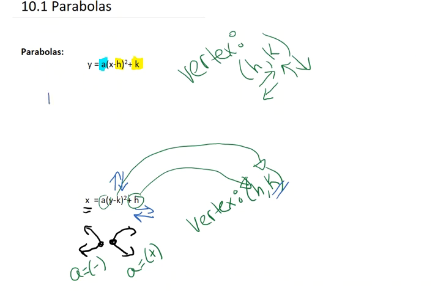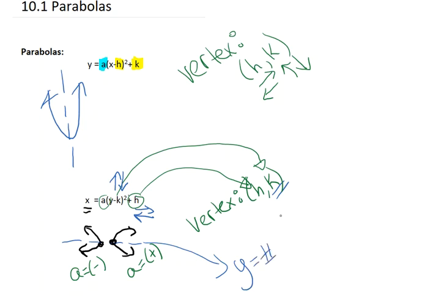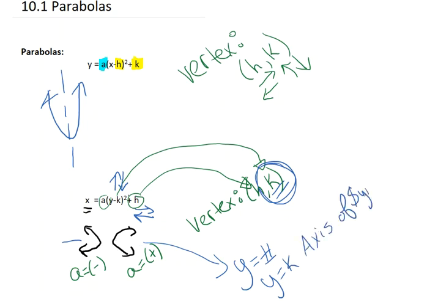So we would have our parabolas, and we would have a vertical axis of symmetry. Since the parabolas here are opening left and right, there will be a horizontal axis of symmetry. And one thing to notice, because it's horizontal, it will come from y equaling a number. Therefore, it will come from the y value, so y equals k is the axis of symmetry.